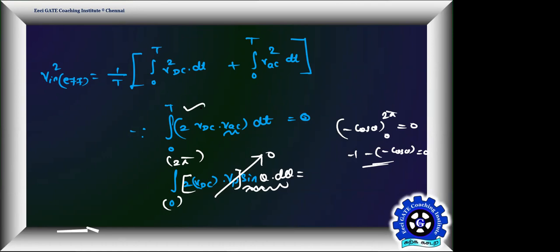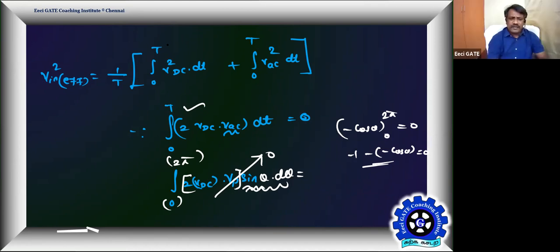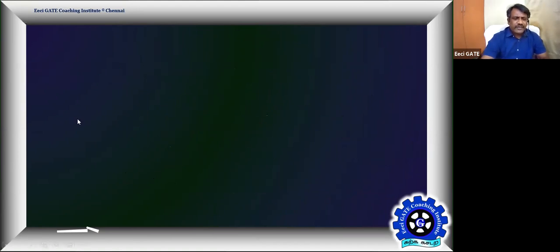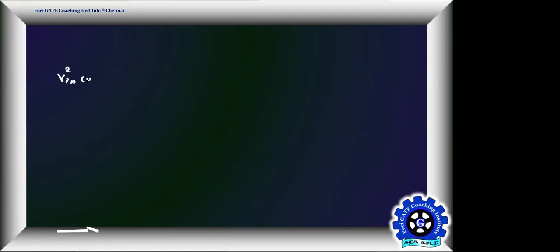Okay, then conclude things. So only the V square DC will exist, V square AC will exist. So tell me what is this? Okay, let me do it in the next step. So V in square effective is going to be this. It has only two components.